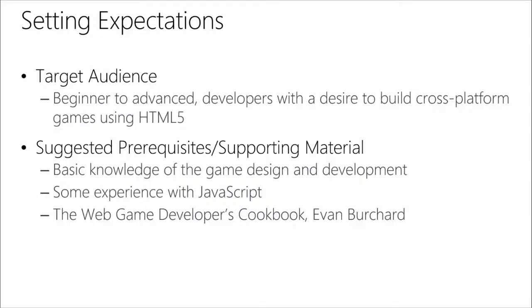As well as if you're looking for supporting material, a really good book that we highly recommend is the Web Game Developers Cookbook. It's structured for both beginners and the advanced. It's set up as kind of like recipes. That's right. It has pieces that you could take and just include into whatever you're doing, small demonstrations that work with it. And it's not just for RPGs.